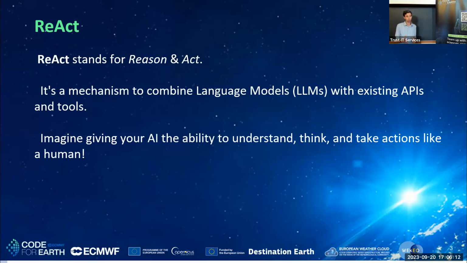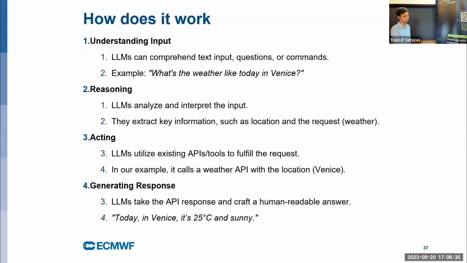This is the best way of integrating existing APIs, for example APIs in the OpenAPI standard, or the CDS API as well. And this is, I think, the cool part of this type of algorithm, that it can handle these generic queries and integrate with existing tools.